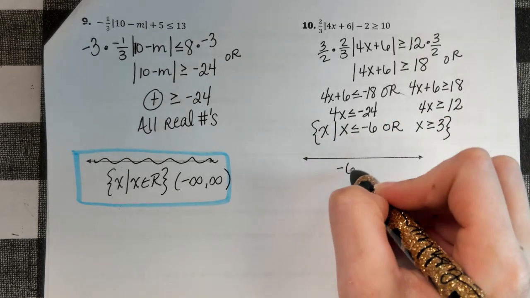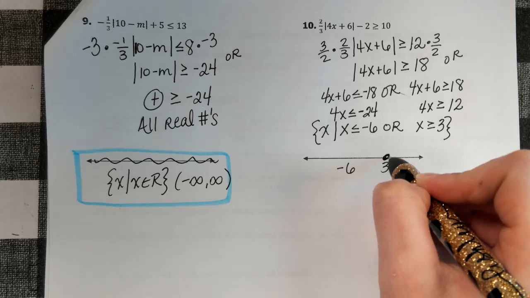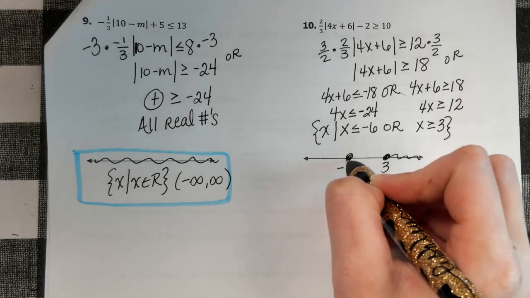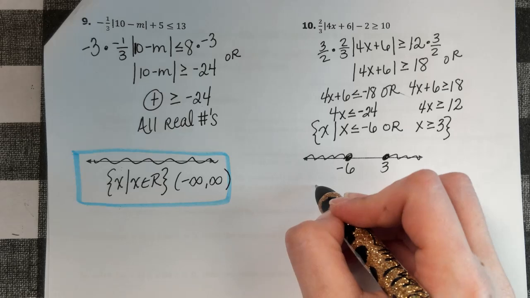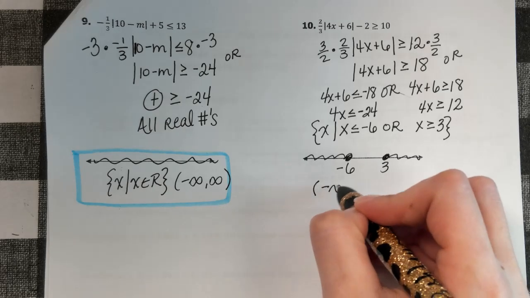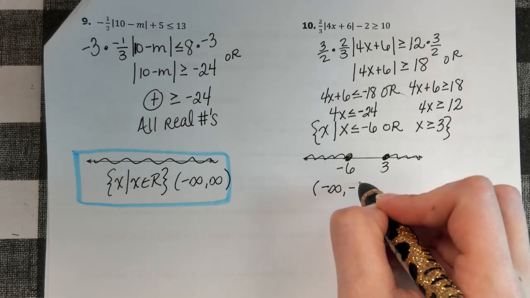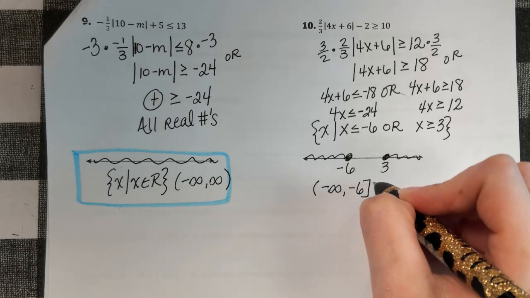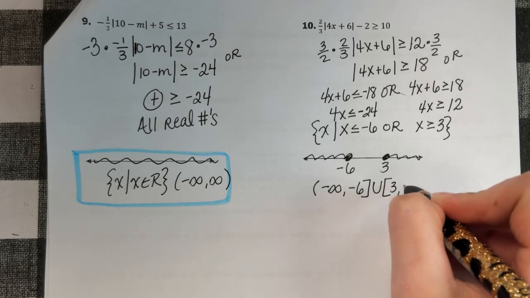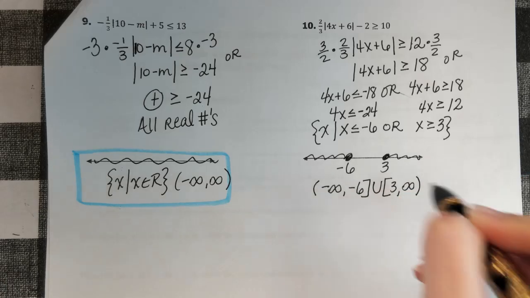It's a closed circle on both. Don't forget both. Then how do I do my interval? Parentheses, negative infinity, bracket negative 6, bracket, union, bracket 3, infinity, parentheses. Right, you're right.